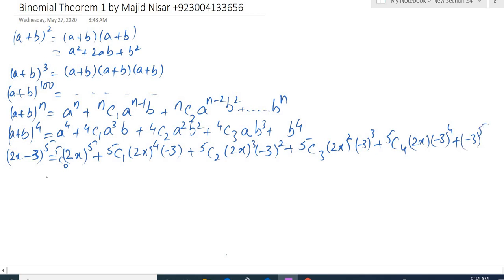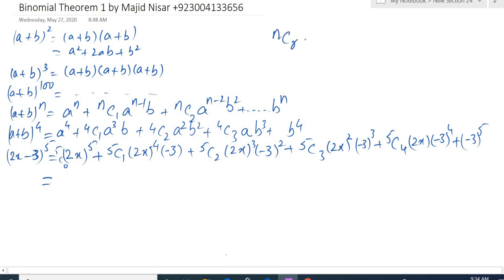Now by using a calculator we can simplify. 5C0 is 1, and 2 raised to power 5 is 32. But I am going to explain what if you don't have a calculator, then how can you solve it. This is actually nCr.